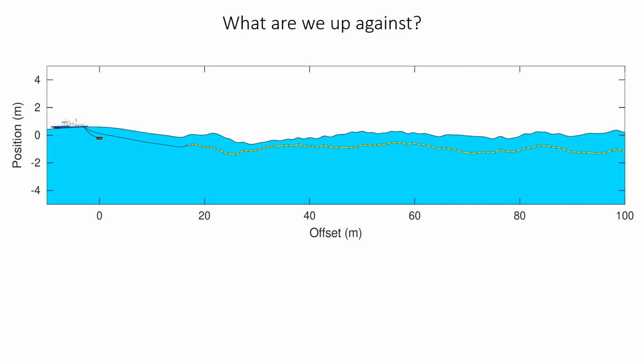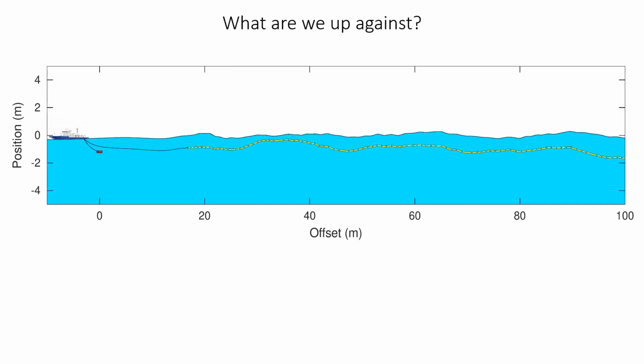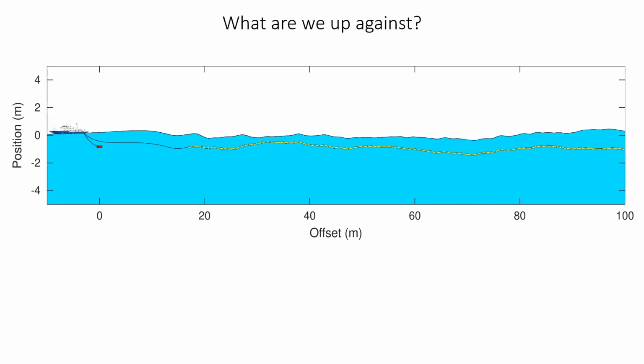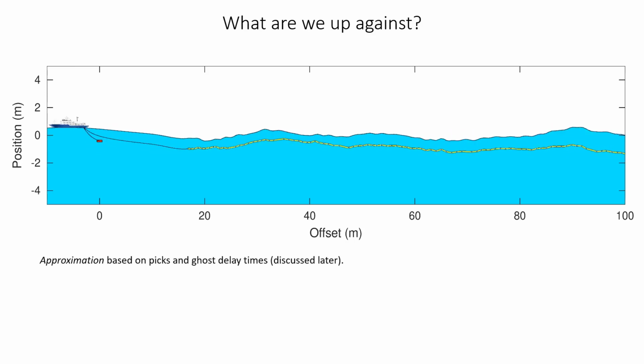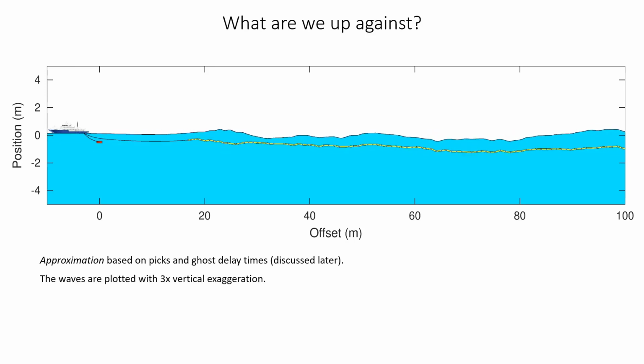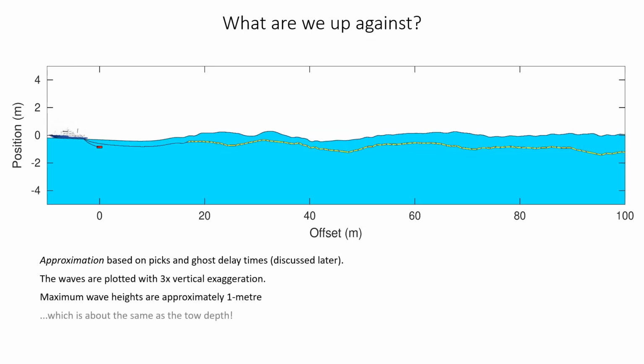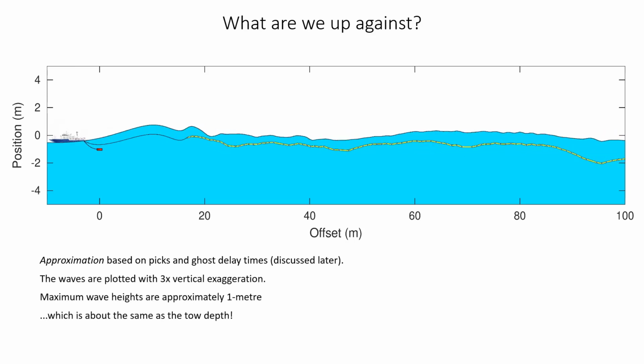So what are we up against with this sort of acquisition? I've generated this plot of the approximate sea surface and the streamer position. I'll discuss that further later, how we did that.